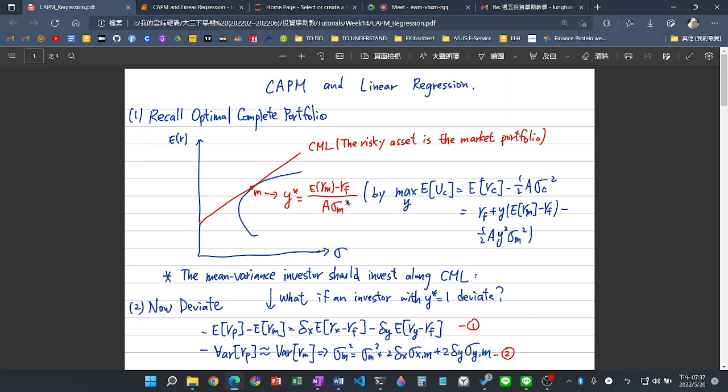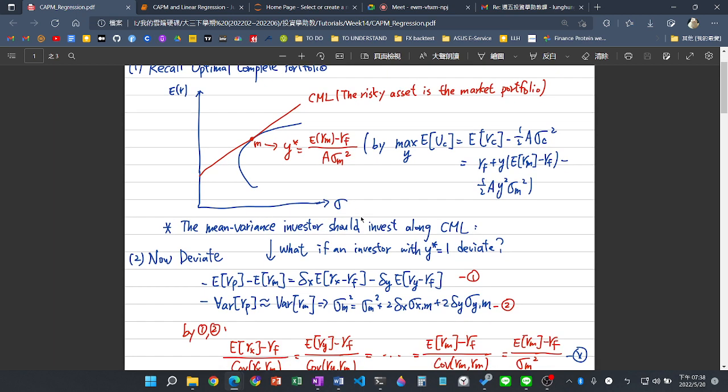It means that in order to maximize one's utility, he should invest y star in the risky asset, in this case the market portfolio, and invest 1 minus y star in the risk-free asset. Okay, so this is a rough idea about the optimal complete portfolio.